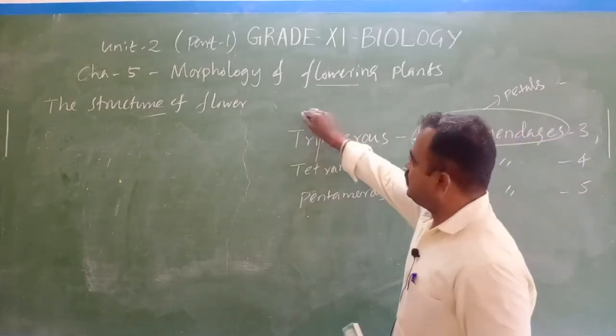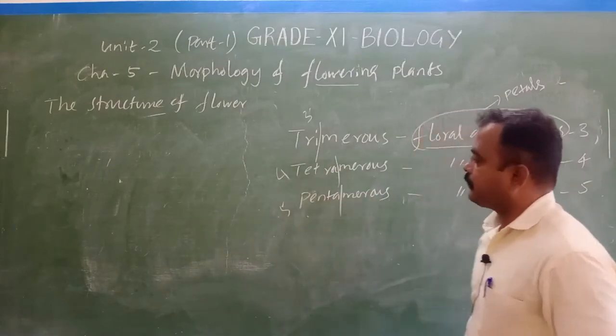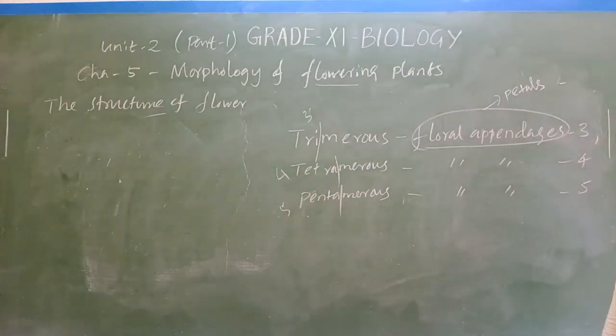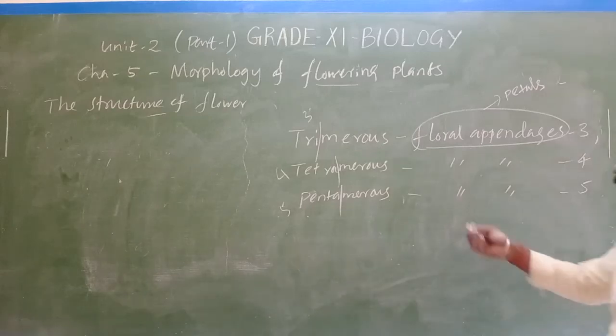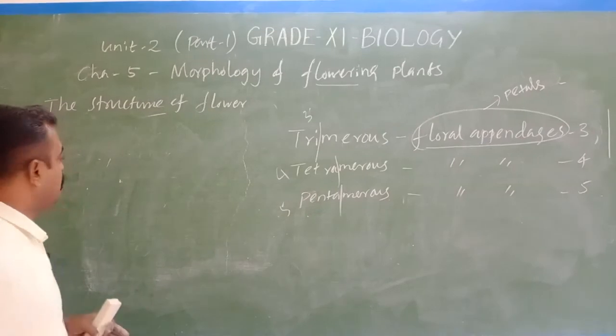Tri means three, tetra means four, penta means five. So three petals, four petals, or five petals are present, and based on that it is divided into three types.